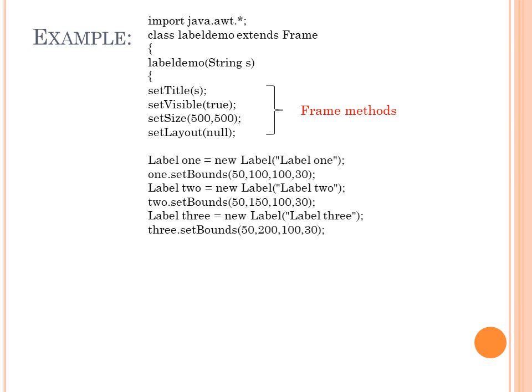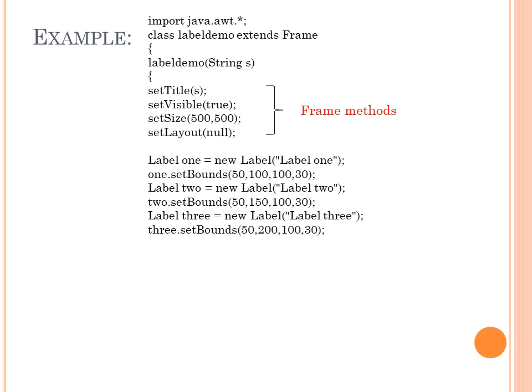Then we will assign labels one by one. Now the first label that we are going to assign is label1 is equal to new Label, and inside that the string that we are going to write is Label 1. Similarly, we are going to write Label 2, and thirdly we are going to write Label 3. So the label names that we are going to give are Label 1, Label 2 and Label 3.